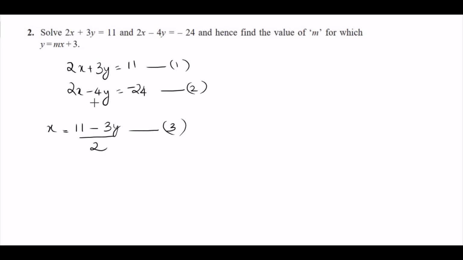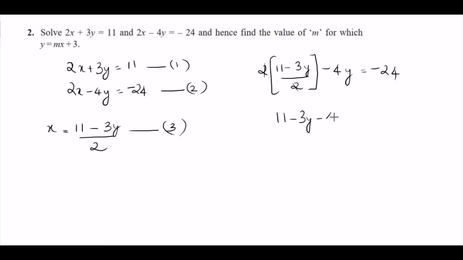Now substitute this here in the second equation. So you get 2 into 11 minus 3y by 2 minus 4y is equal to minus 24. So here this 2 and this 2 gets cancelled. So 11 minus 3y minus 4y is equal to minus 24. So 11 minus 7y is equal to minus 24.